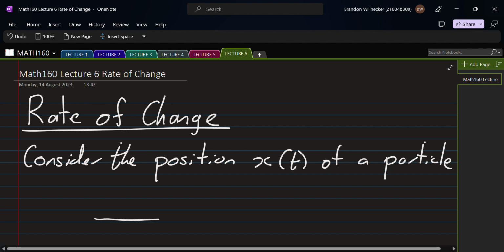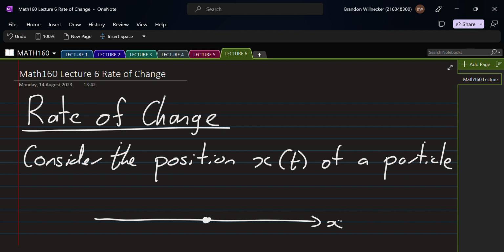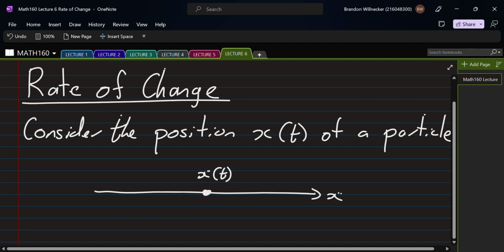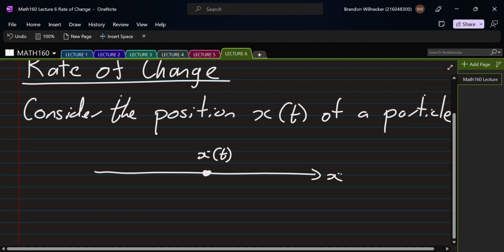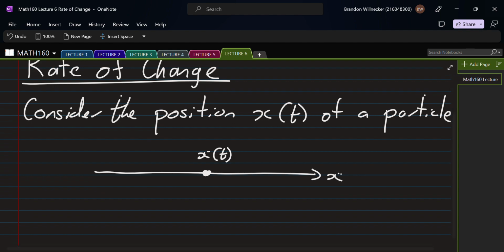Okay, so if we have our x line over here, then at some time t, the particle will be at position x of t. Now the rate of change of position, that will be the velocity. Okay, so that's just a recap of high school work.